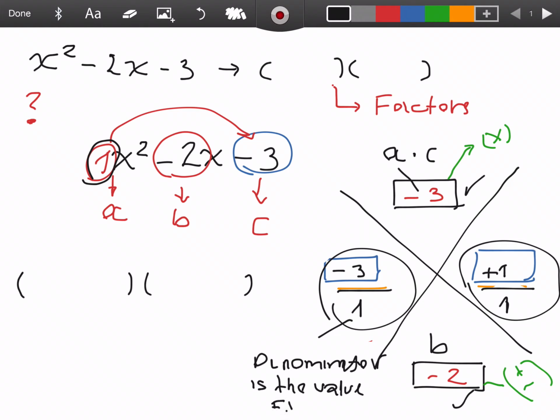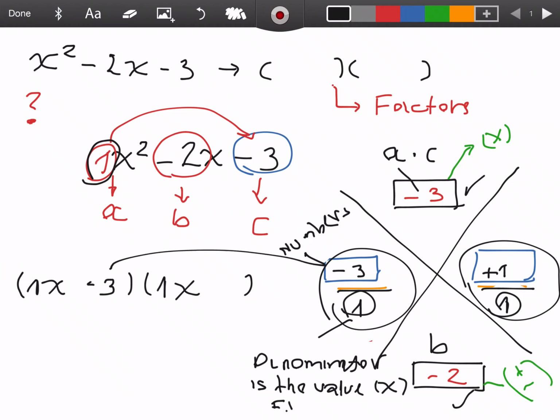That means this number 1 is 1x, and this one is 1x, and the numerator are the single numbers. For example, minus 3 is minus 3, and plus 1 is plus 1. Finally, the factorization answer is x minus 3, x plus 1. That is the way we factorize.